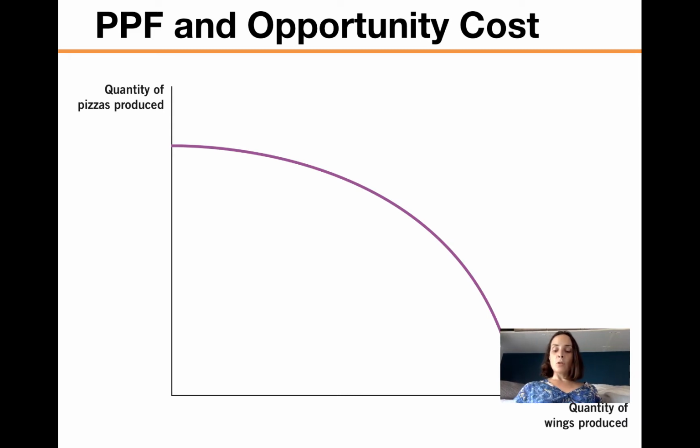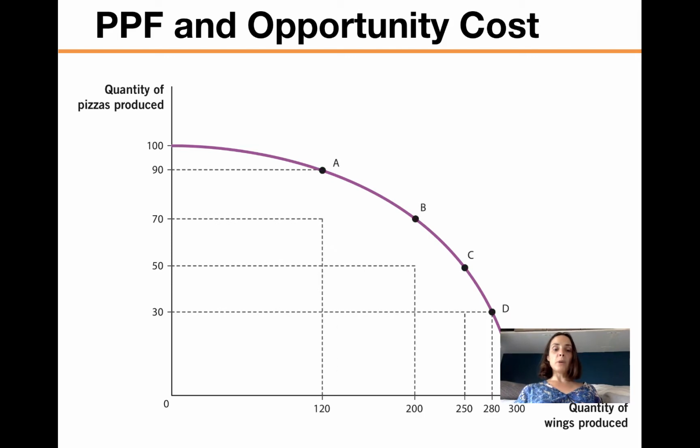Okay, so if we are at any point on the curve, like points A, B, C, D, we are being efficient. So all of those points are equally optimum points. Okay? Now, let's look at how much we have in terms of opportunity costs.